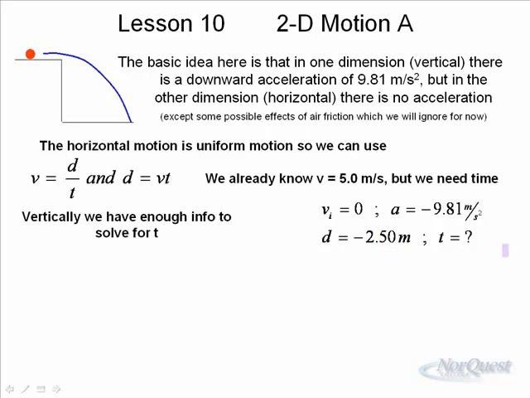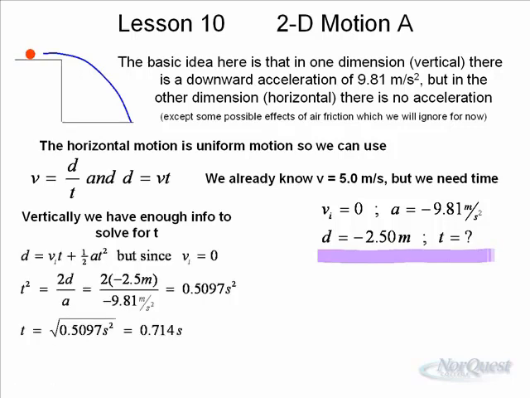So we take our basic formula, the one that doesn't include, notice there's no mention of VF here. So we look through our 4 kinematic expressions, and one of them doesn't have VF, and that is this equation, d is equal to VIT plus 1/2 AT squared. Since VI is equal to 0, then d is equal to 1/2 AT squared.